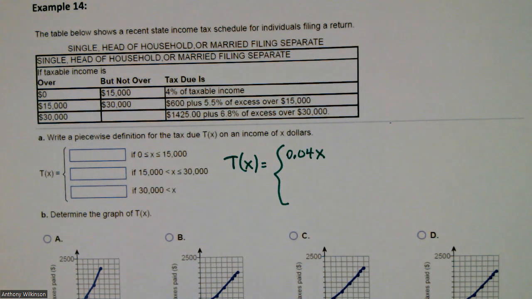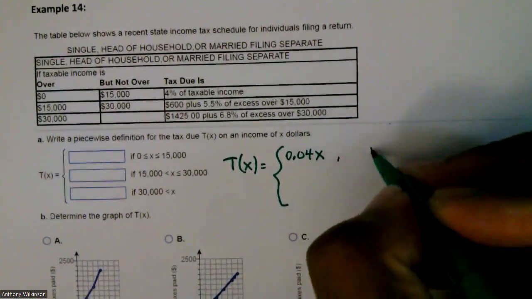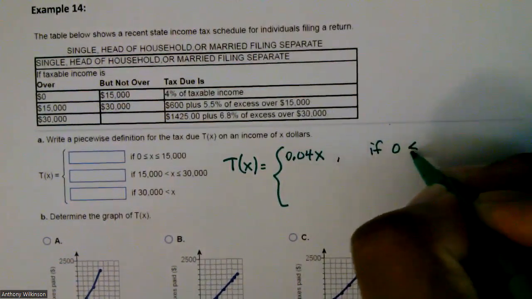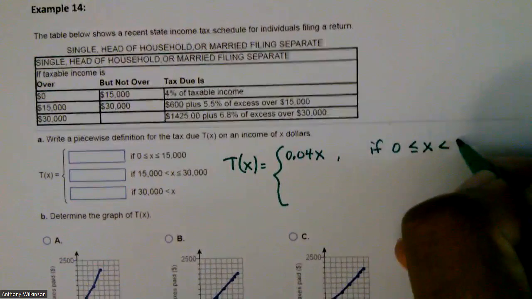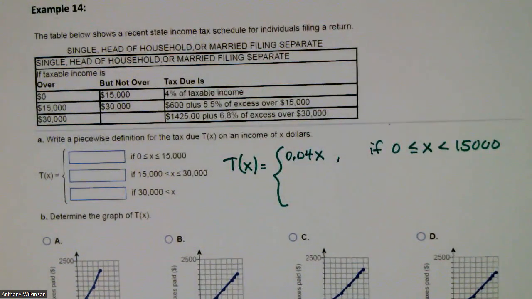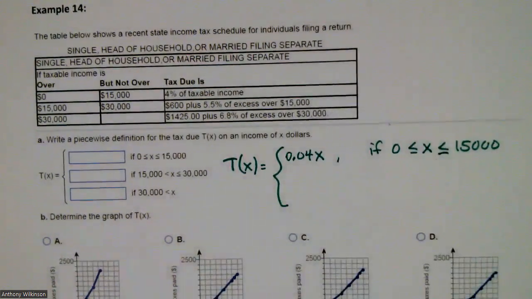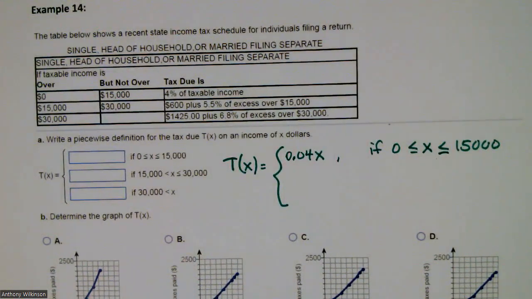Now the restriction on that would have to be from 0 to 15,000, that is, if X is between 0 and 15,000. Of course, we'll put the equal sign underneath that, less than or equal to.